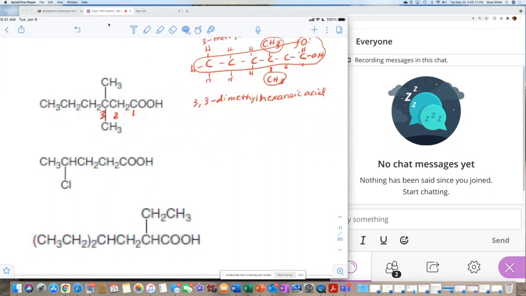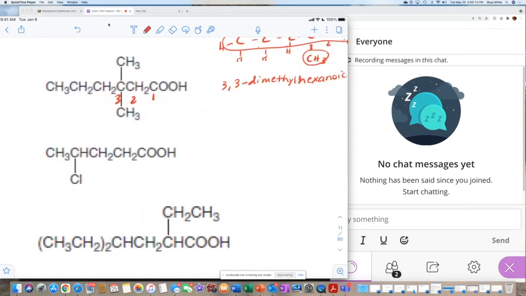Okay, for this second one, I think I can do it right here. Recognize that this right here is essentially this. This is our first carbon, second carbon, third, fourth carbon. Then we have a side group.